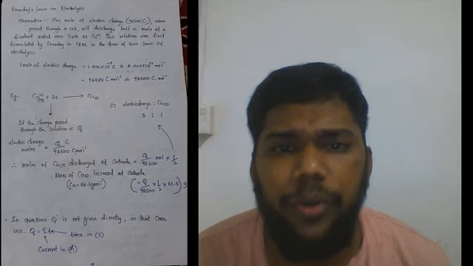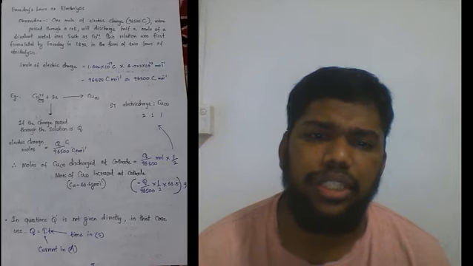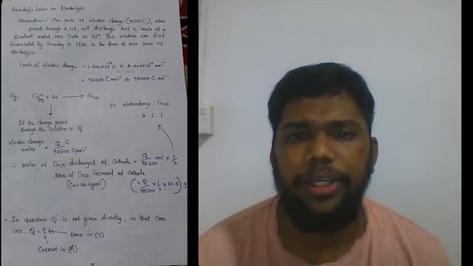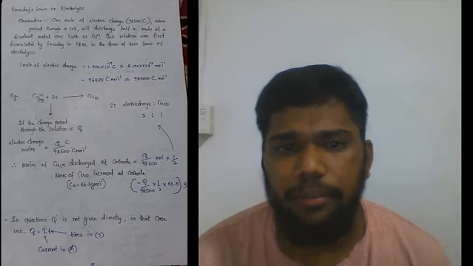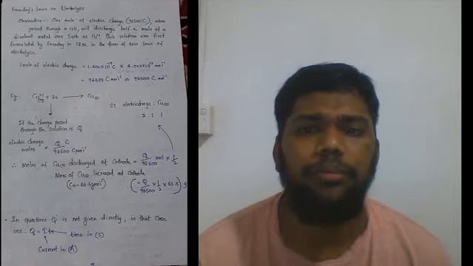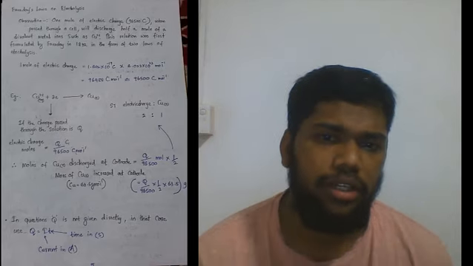From that you can calculate the moles of copper deposited at the cathode. That will be Q over 96,500 divided by 2. Then you can multiply that by the molecular weight of copper to find how many grams are deposited at the cathode.